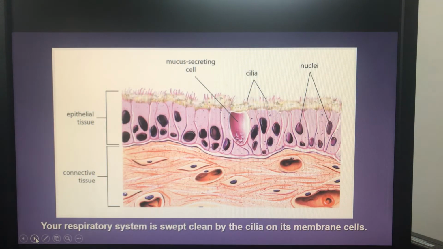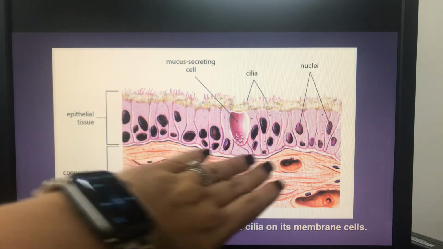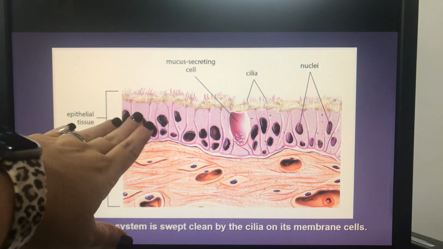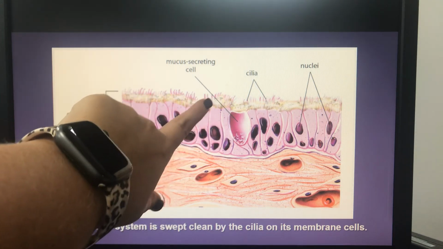All right, so here is an example of some tissue that lines the respiratory system. You can see here that you've got the connective tissue, and then the epithelial tissue, which is that upper tissue. The nuclei are inside of there, and it has little pores that secrete the mucus.